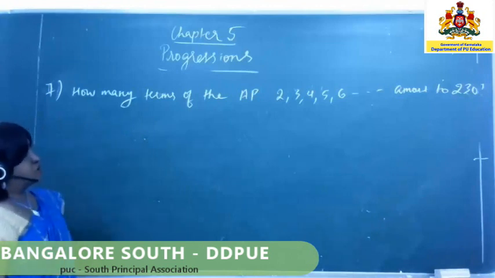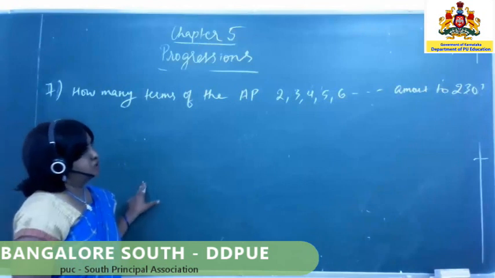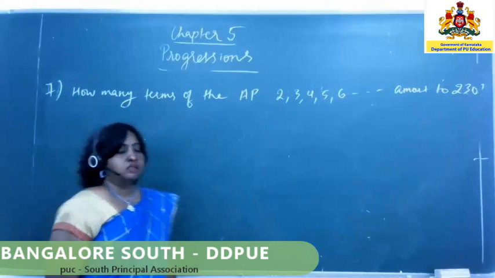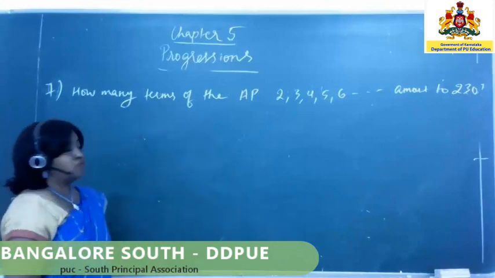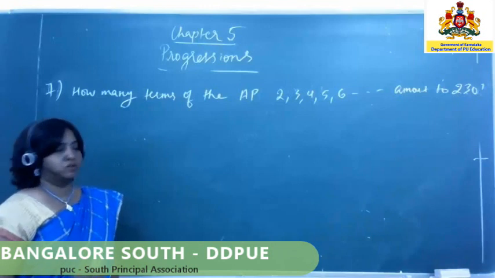How many terms of the AP 2, 3, 4, 5, 6, so on up to amount to 230. You should find n value here. How many terms? That means number of terms, n value.